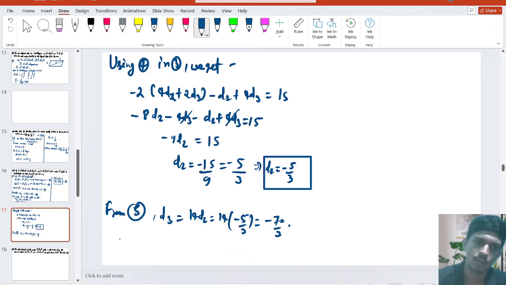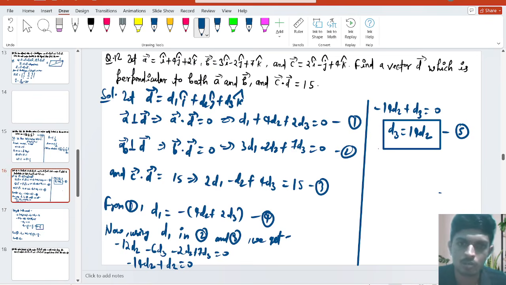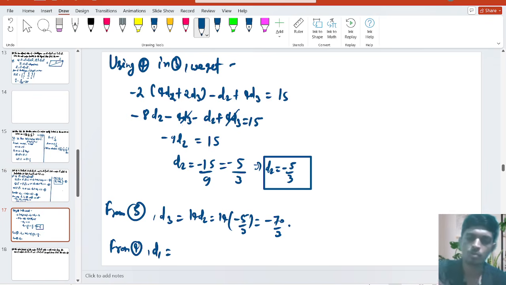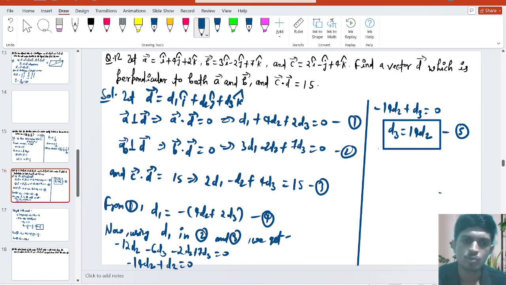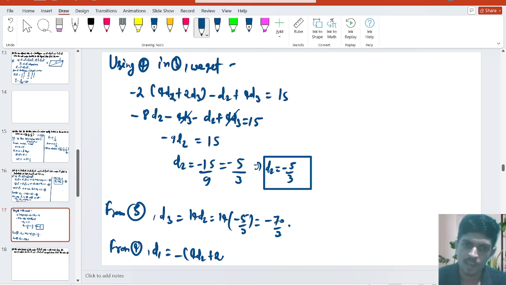Okay. And from 4, D1 is equal to minus 4 times of 4D2 plus 2D3, and putting the value of D2 and D3 in these equations, you get the value of D1.